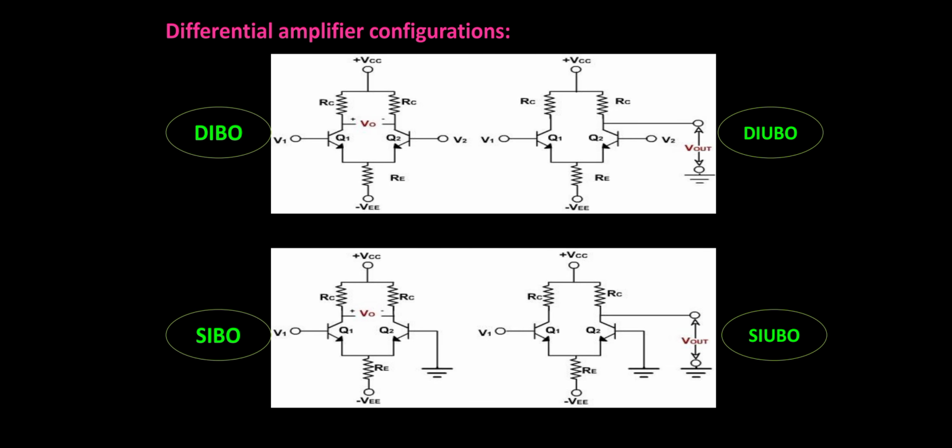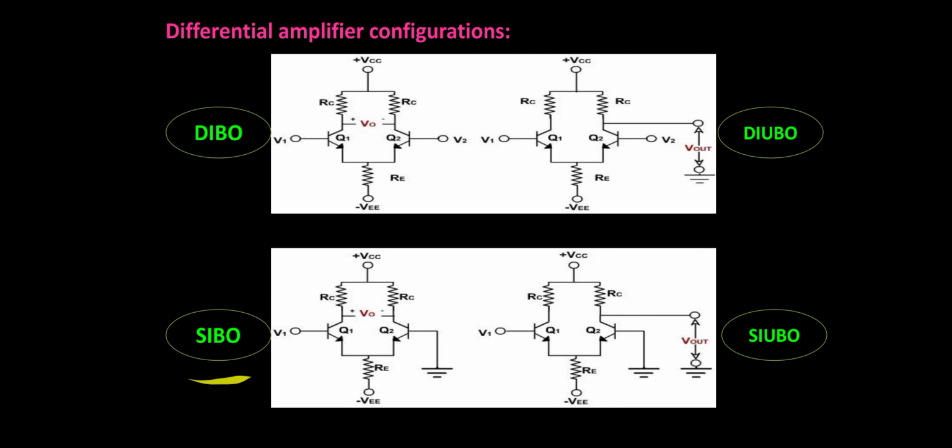Unbalanced means we take the output from any one of the collectors. Here it takes the output from this collector to the ground, and the collector of Q1 is not used for output. Output is taken only from the collector of Q2. That is nothing but unbalanced output.